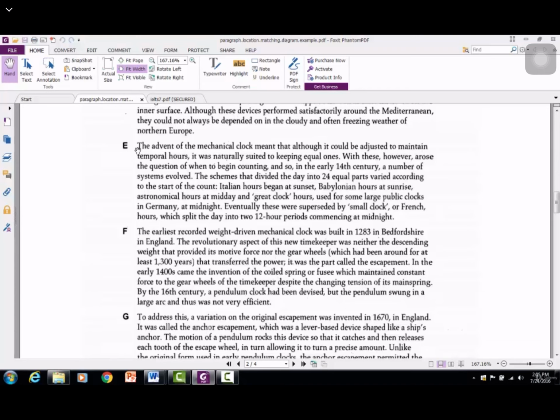Equal means uniform, equal hours. So if you're a little confused, it can be helpful to look at your topic sentences, because they tell you what a paragraph is about. Many times you can get an idea if that paragraph has the information you're looking for. Okay? All right. So that's for that.